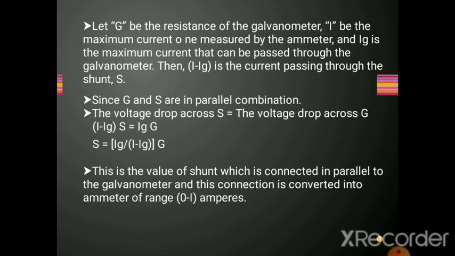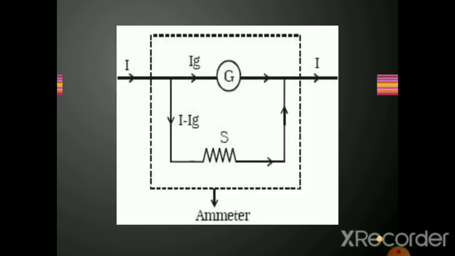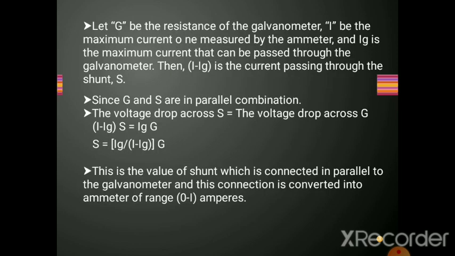Then the current passing through the shunt resistance is I minus Ig. Since G and S, galvanometer and shunt, are in parallel combination, the voltage drop across the shunt is equal to the voltage drop across the galvanometer.